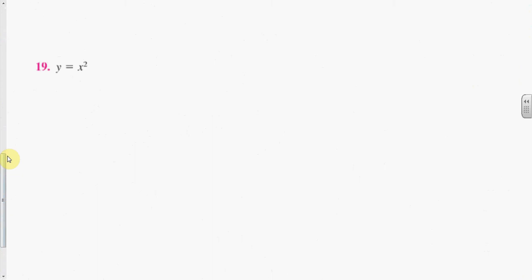And then you simplify it. So let's see. So we have R sine theta is equal to r squared cosine squared theta.